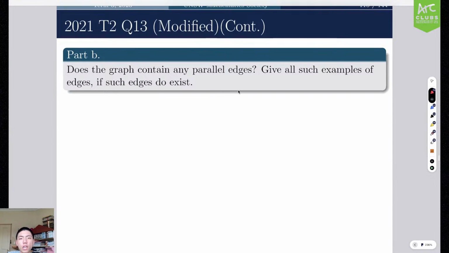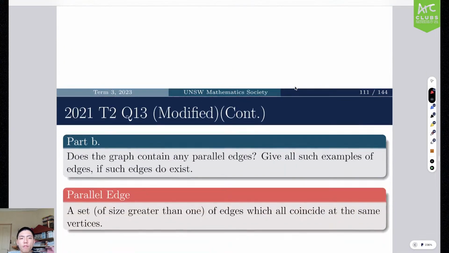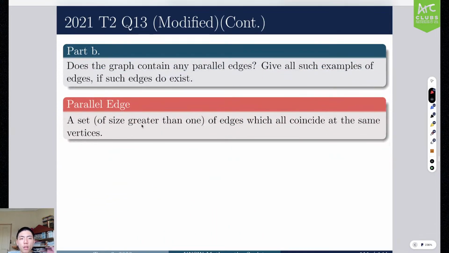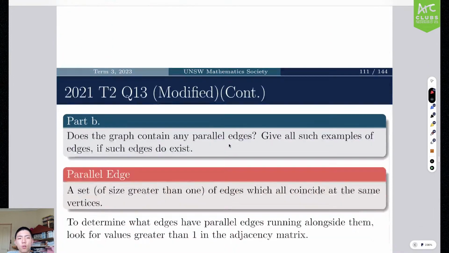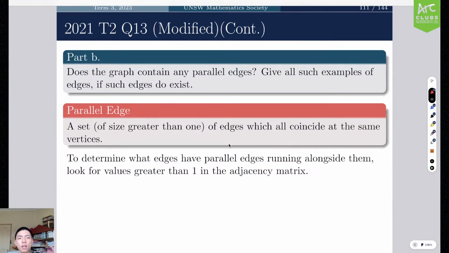Does this graph contain any parallel edges? Give all such examples of edges if such edges do exist. If you remember from before, parallel edges are essentially a set of edges that coincide at the same vertices. So if it begins and ends at the same vertices, then the adjacency matrix must have values that are larger than 1.